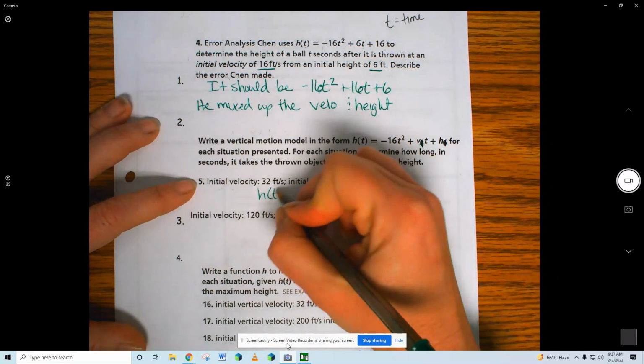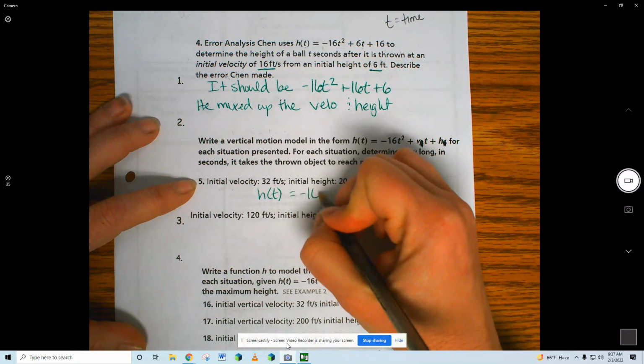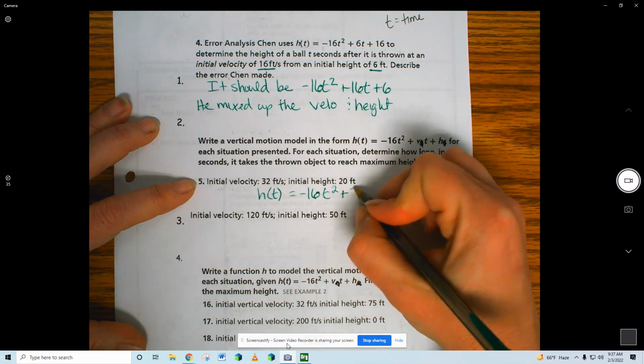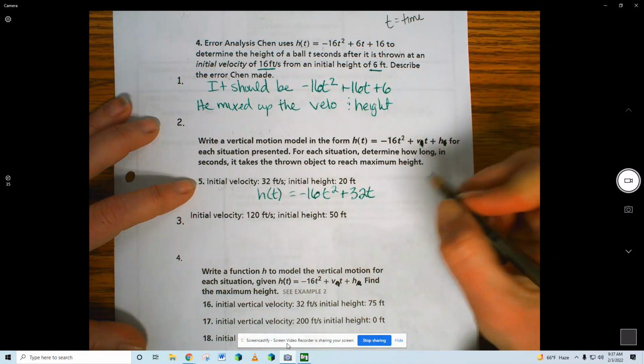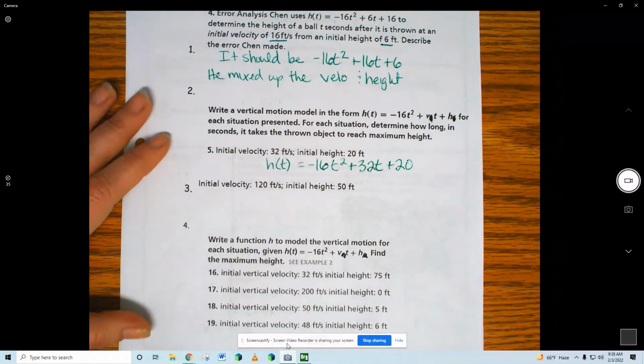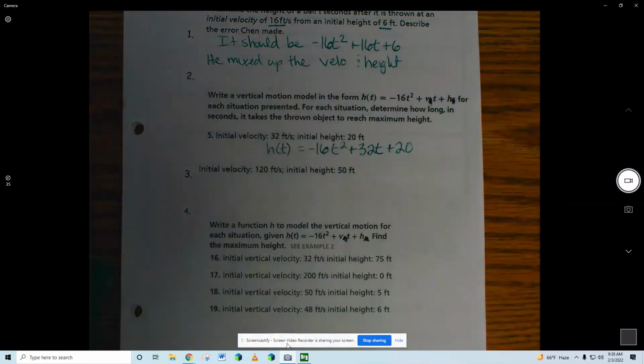The height of an object thrown is negative 16t squared plus 32t plus 20. Good. And your job is to plug in velocity and height for these 5 rest of the problems. So go ahead and do that. I'm going to stop the video.